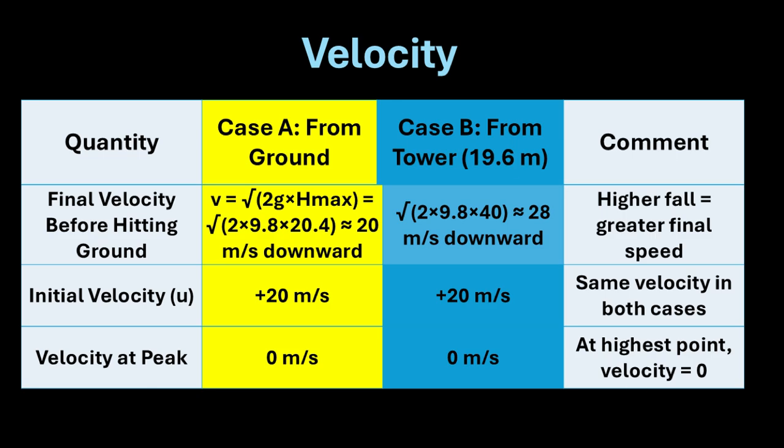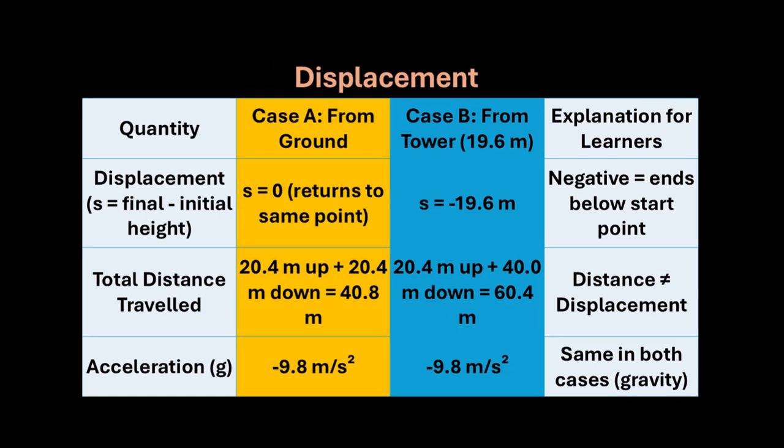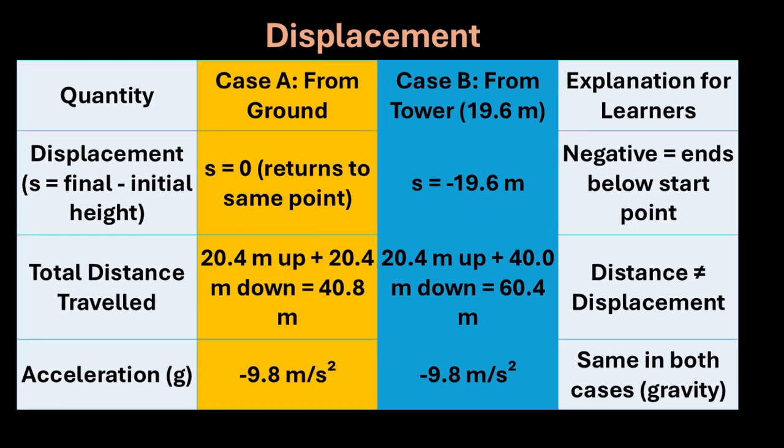Why? At the highest point, velocity is zero, because it is momentarily at rest. Similarly, we have the component for displacement as well, for case A and case B: initial displacement, total distance traveled. Why is the distance not equal to displacement? Why is it negative? So yes, these are the things that I want you to do on your own, and later come back to the solution and make a note of this.